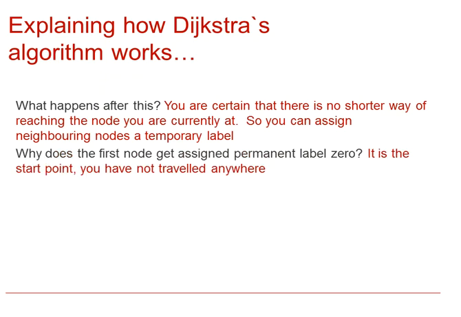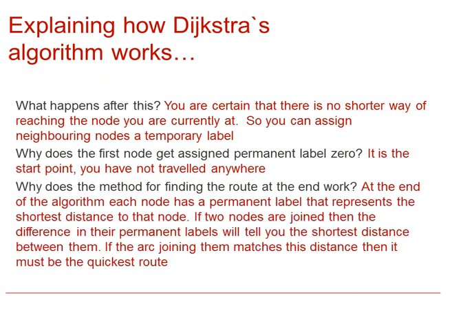The first node gets a permanent label 0 because you haven't travelled anywhere yet. And at the end of the algorithm, each node has a permanent label representing the shortest distance to that node, as we looked at in the examples.